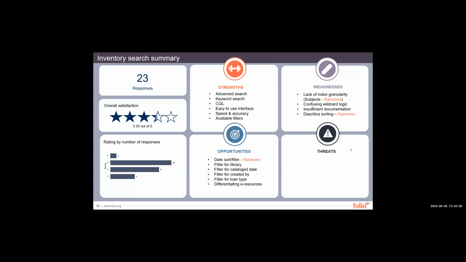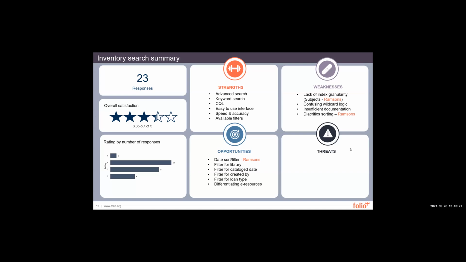And then there was mention of satisfaction with the available filters. As far as weaknesses, the lack of granularity with some indexes was noted, particularly with subjects. So I'm happy to say that we are working on that in Ramsons. The next two really relate to, in general, insufficient documentation.